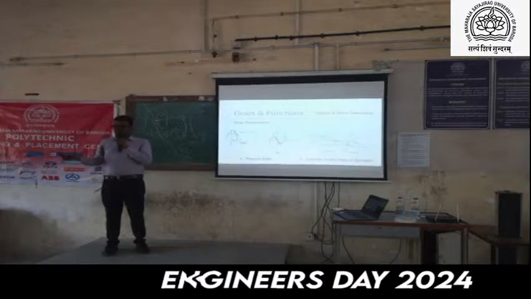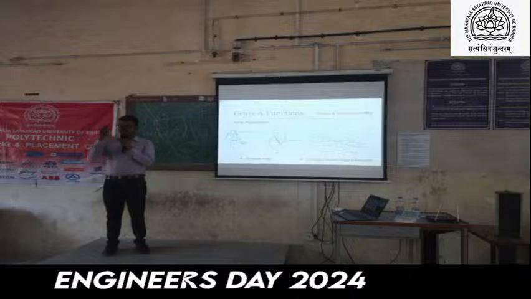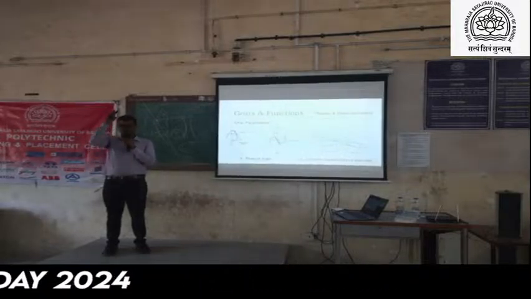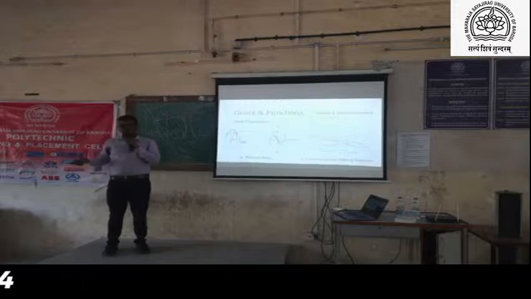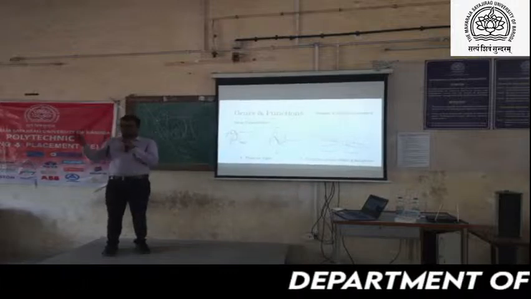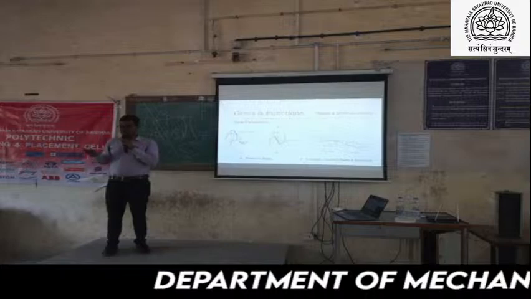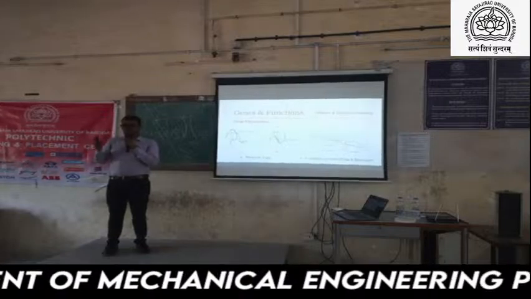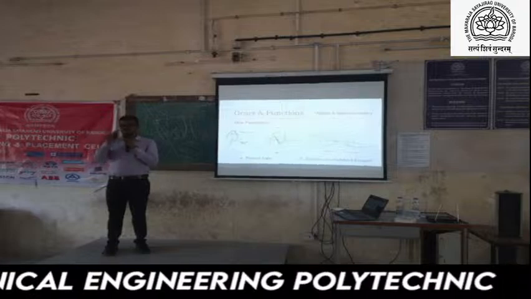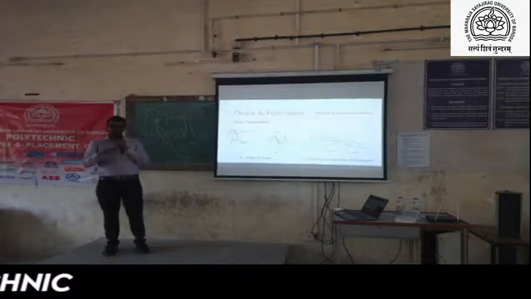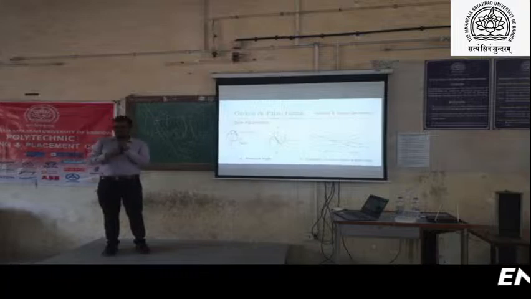So 40 plus 40. 0.4, 0.6, 0.4. 60%, 40%, 40%. What is the contact ratio? 1.4, 140%. In spur it is 1, in helical it is 1.4. 100, 140. This is why helical gear carries higher load than spur gear.